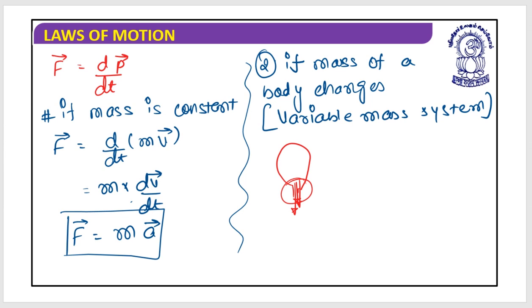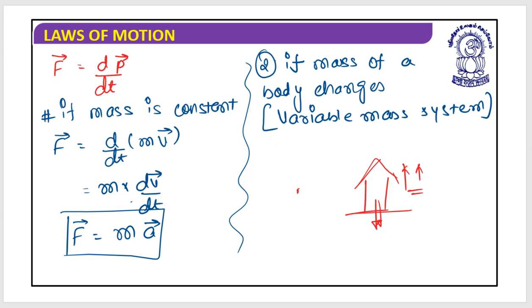Same is the case of a space shuttle. It has a fuel tank, so as soon as fuel is burning and it is moving upward, its mass decreases. There are certain more systems, and we are going to look into those in the numericals as well. So there are systems which have variable mass and their velocity remains constant.